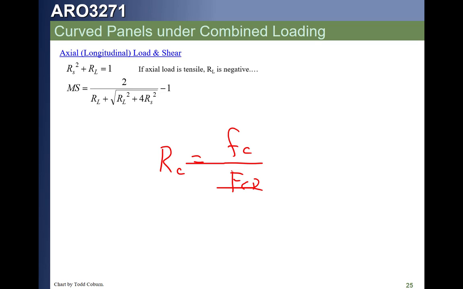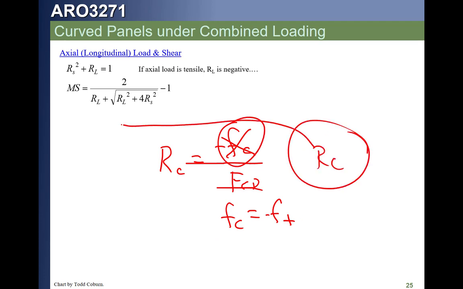However, if we have a tension, what that means is our FC is equal to the negative of the tension. So this value will be negative now, so our RC will be negative. That means you will plug a negative value in to these two spots, and that tension stress will have an effect of stiffening up or improving your margin of safety for stability.